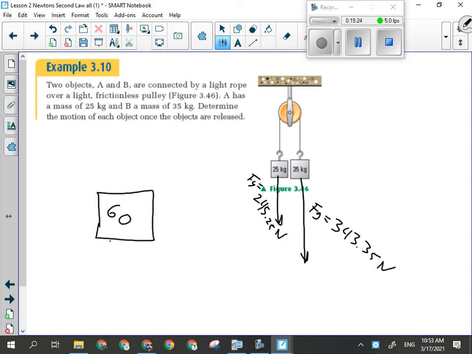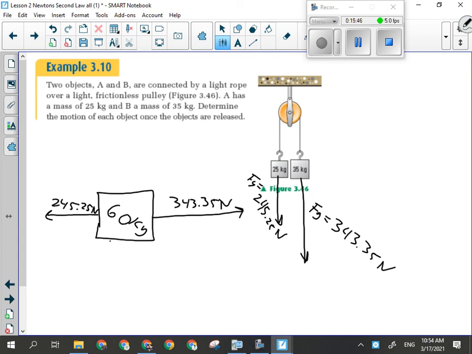So I've got a 60 kilogram system being pulled one way by 343.35 newtons and resisted the other way by 245.25 newtons. Okay, that's really what's going on here, right?